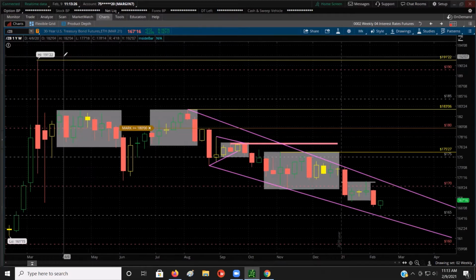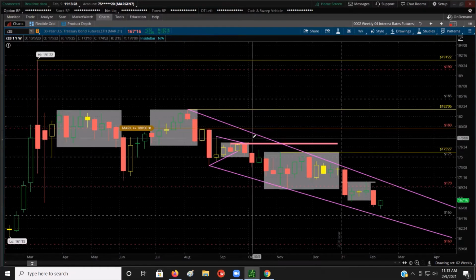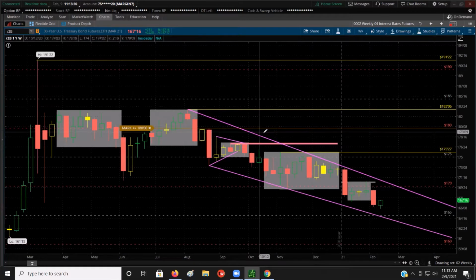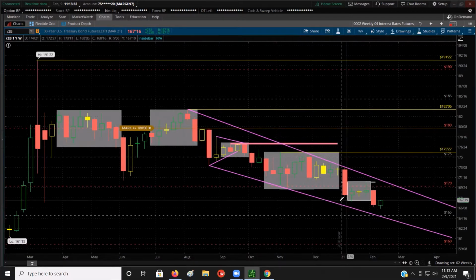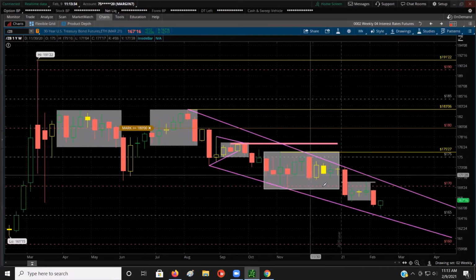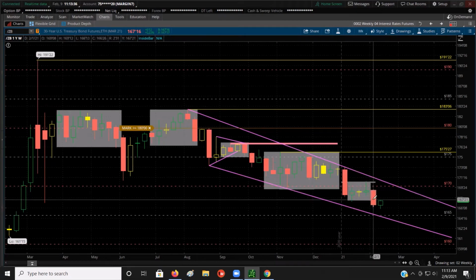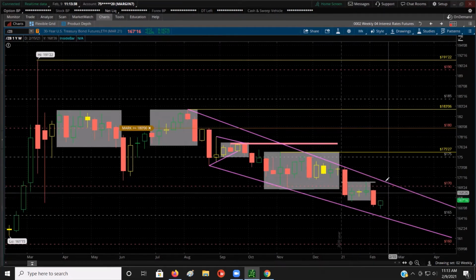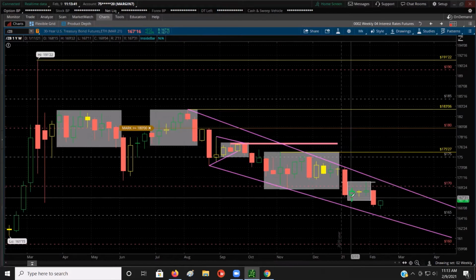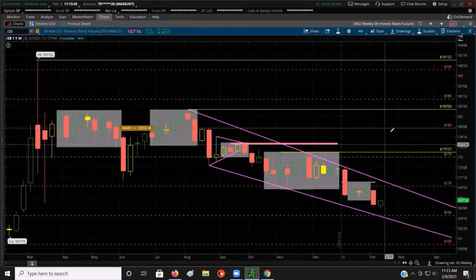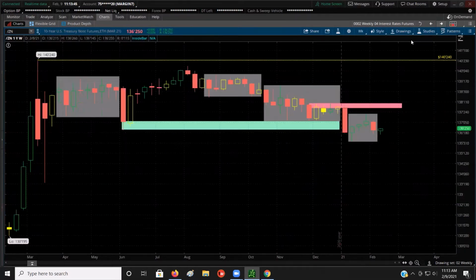30-year bonds. The trend is down. This is a wedge. These purple lines are a wedge, and in it is building a coil, and the coil is getting tighter and tighter. They will break out one way or the other for a new trend. Very interesting how this is building coils. Look at the 10-year notes.